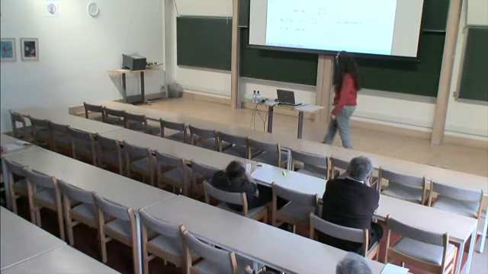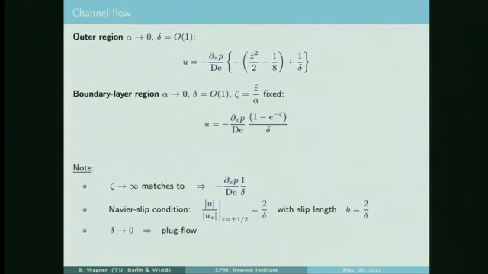So now let's look still at the channel flow, because now we know the solution. Take here the alpha going to 0, having delta first of all, order 1. This is what you get. It's a very simple calculation. And since there's a boundary layer, we introduce a boundary layer coordinate.